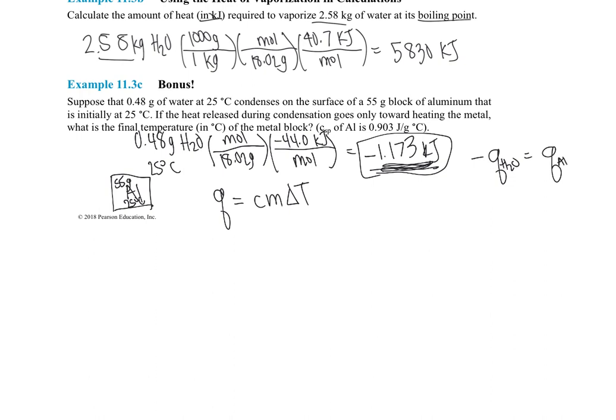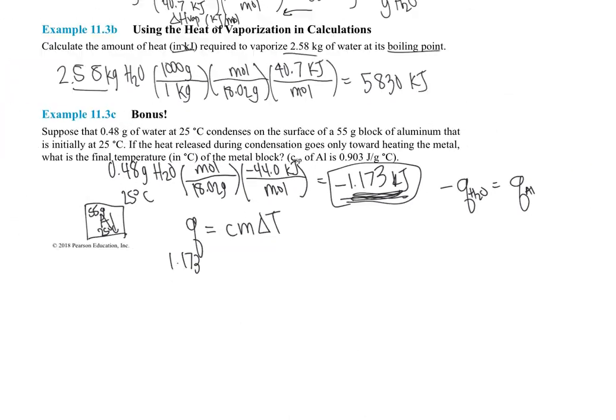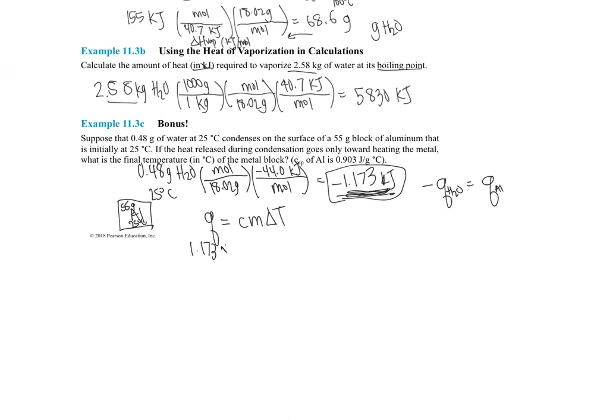So I'm going to make it a positive value, 1.173 kilojoules, and I'm going to convert that into joules, times 1,000, because our heat capacity is in joules. That's 0.903 joules per gram degrees Celsius for aluminum, times my 55 grams. My final temperature is what I'm trying to find, and my initial temperature is 25 degrees Celsius.